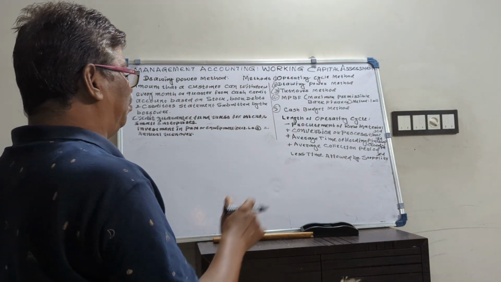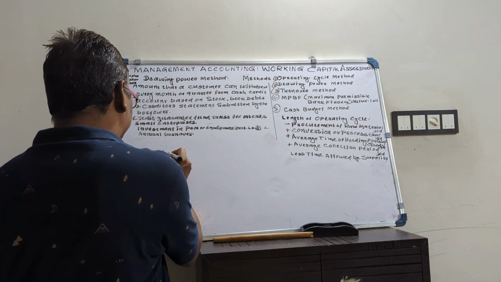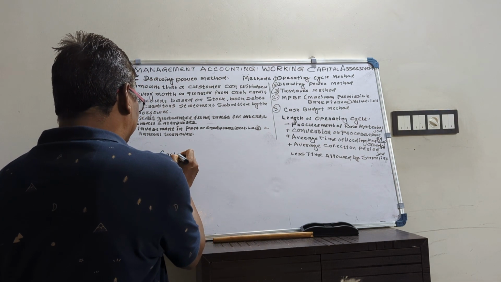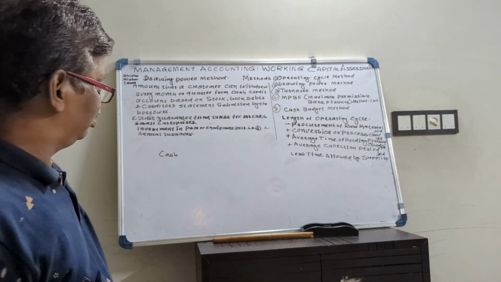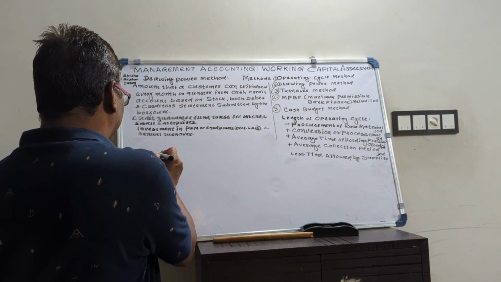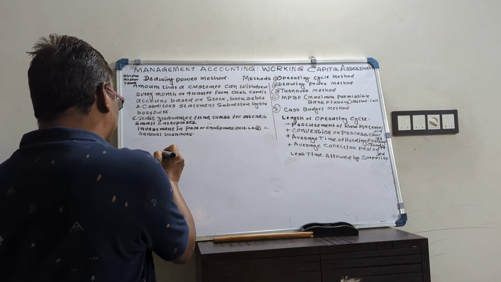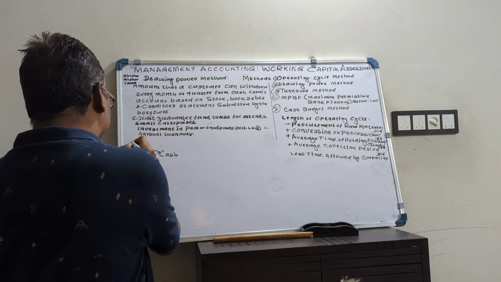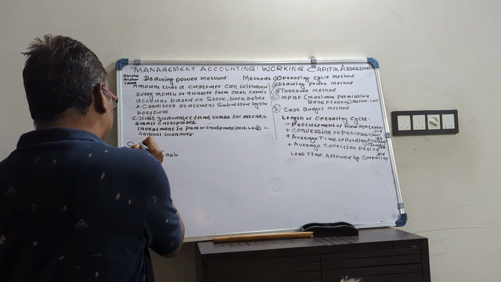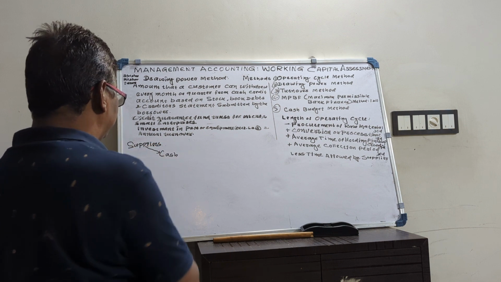While thinking about the operating cycle, suppose the business first invests cash in the business. Suppose the business is short of cash, then it can purchase goods on credit basis from suppliers.